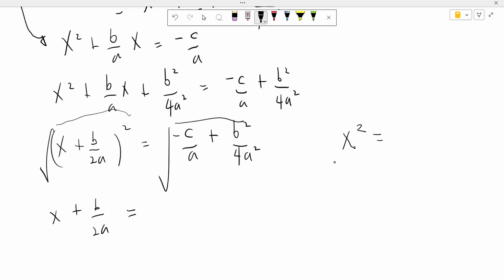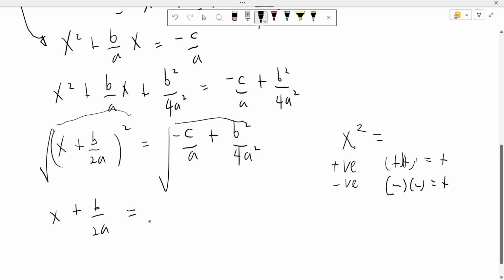And you should be familiar that we can have a positive number or a negative number, because when negatives are multiplied, they result in a positive.